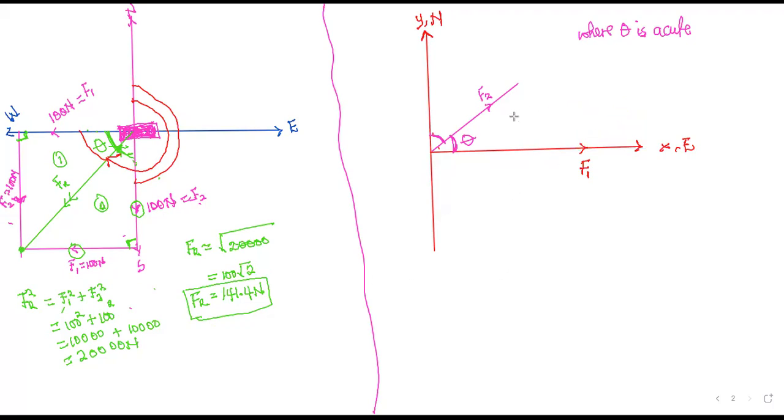Looking at F1 and F2, look at their directions. This is due east. This one makes an angle of theta from east. You can't tell where exactly the two forces are heading towards.